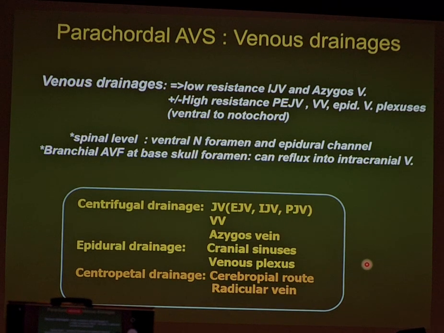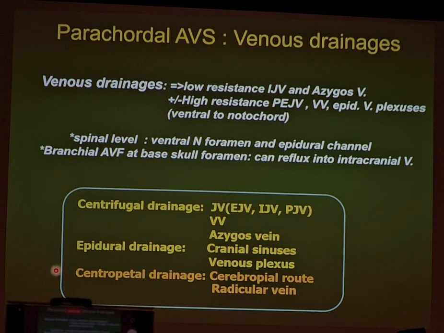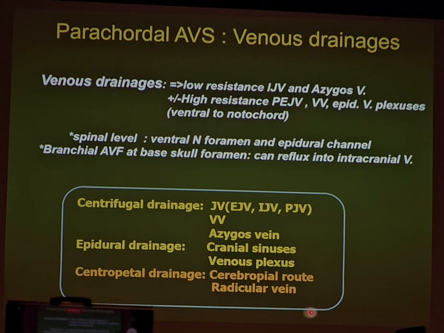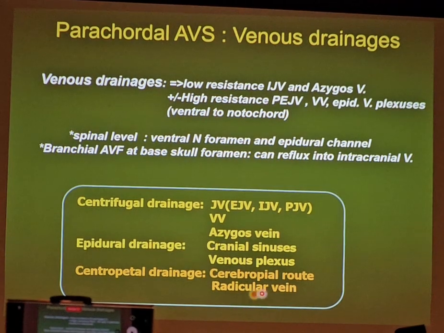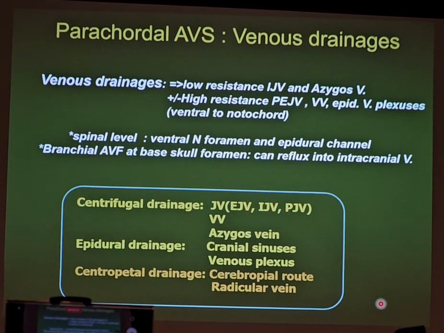The symptoms of this group of diseases are still related mostly to the venous drainage, which could be low resistance or a little bit higher resistance. The more neurological problems occur only when you have central drainage, which could be seen as the cerebrospinal or radicular veins at the somatic levels.